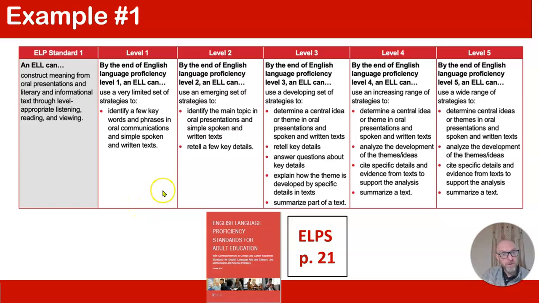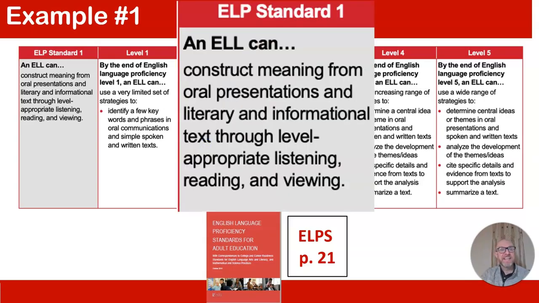Based on our review of those pages, we chose ELPS Standard 1. ELPS Standard 1 is construct meaning from oral presentations and literary and informational text through level-appropriate listening, reading, and viewing. We chose this ELPS, and keep in mind, there could be other ELPS that you choose.